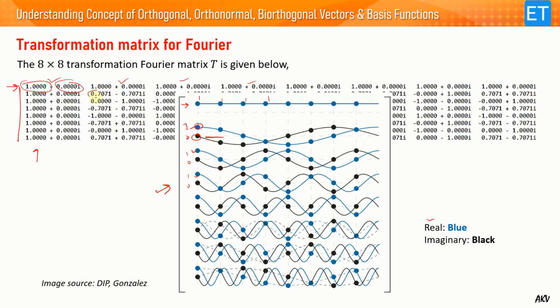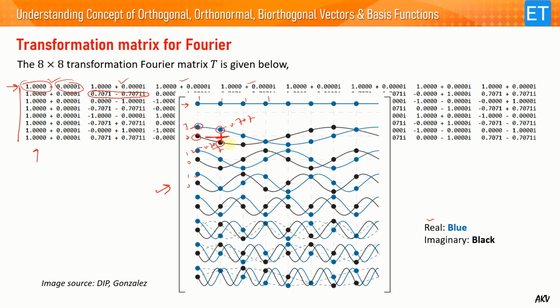Now see this second value. Second value is 0.707 minus 0.707 I, that means imaginary. So here you can see that this is 0.707, and this is below the 0 line, so it's the same magnitude, that is minus 0.707. So that is imaginary.